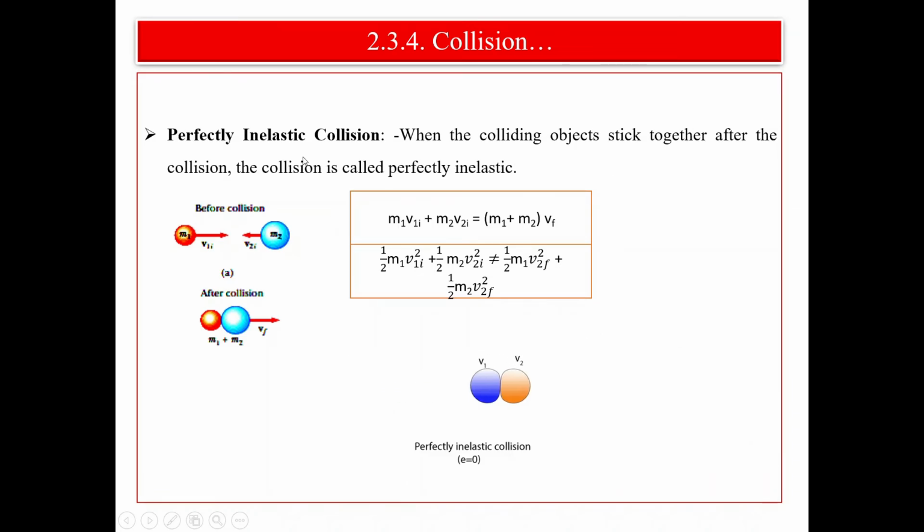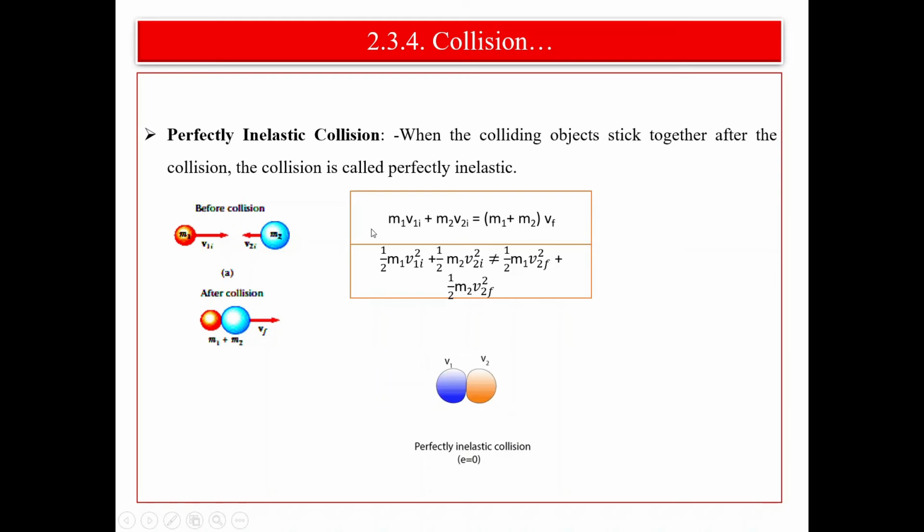Okay, so perfectly inelastic collision: when two colliding objects stick together, just like these two, they collide with each other and then they stick together and go together. So after they collide, they go together. In this case, the final velocity is the same.